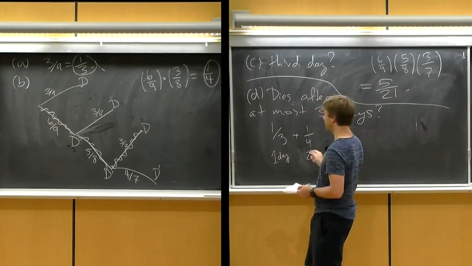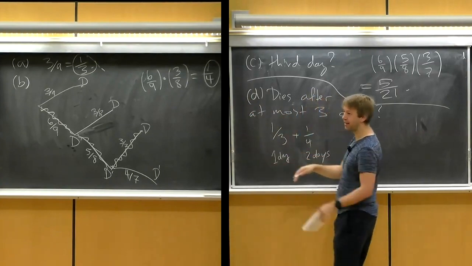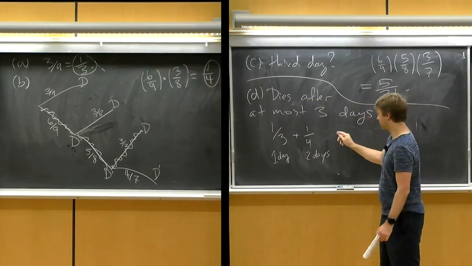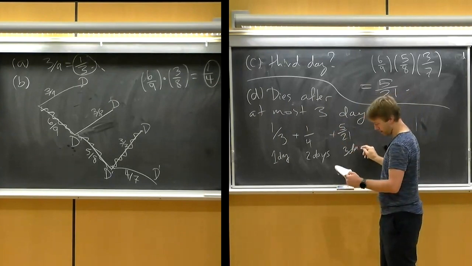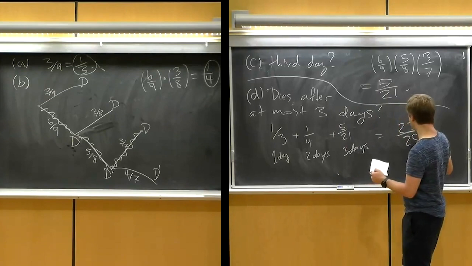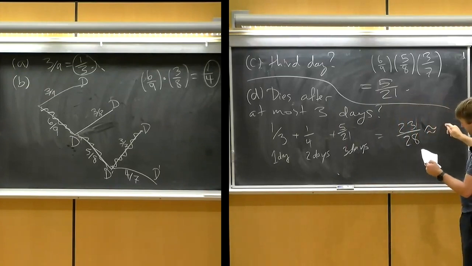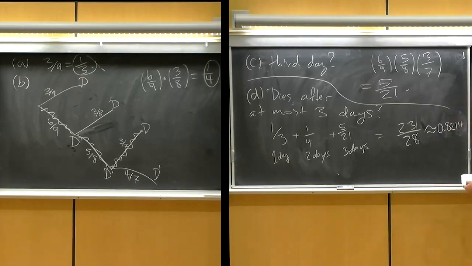Right, because each of these things we were computing exactly 1 day, exactly 2 days, and exactly 3 days. So you just want to add those things up. Which gives you 23/28, which is approximately, you know, 82.14%. So, okay, so it's not looking good for the first 3 days.